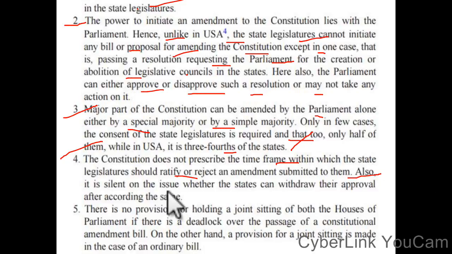Also, it is silent on whether the states can withdraw their approval after giving it. There is no provision for holding a joint sitting of both houses of Parliament if there is a deadlock over the passage of a constitutional amendment bill. On the other hand, a provision for joint sitting is made in the case of an ordinary bill.